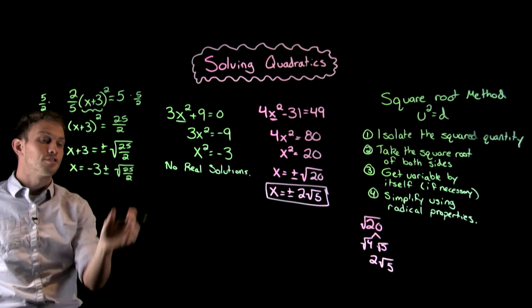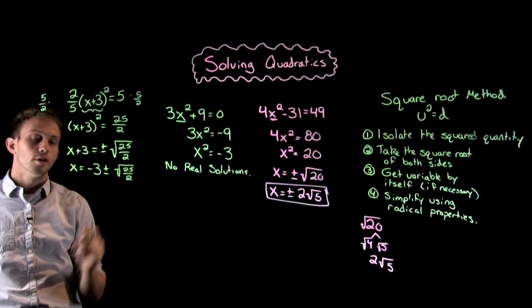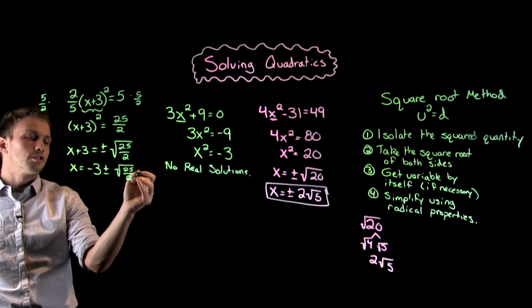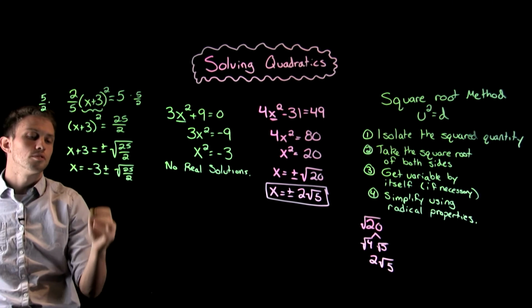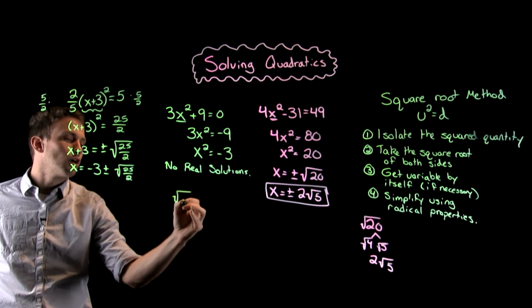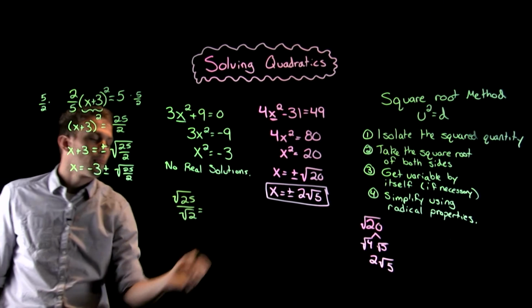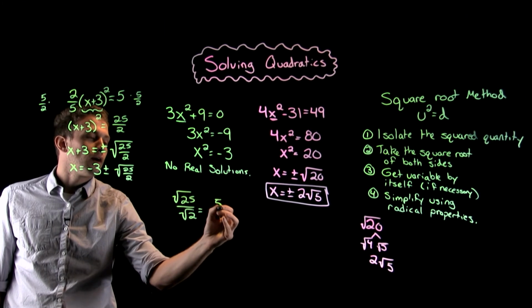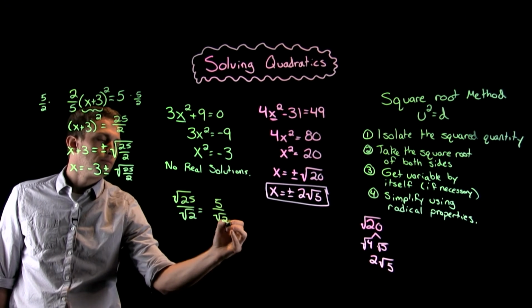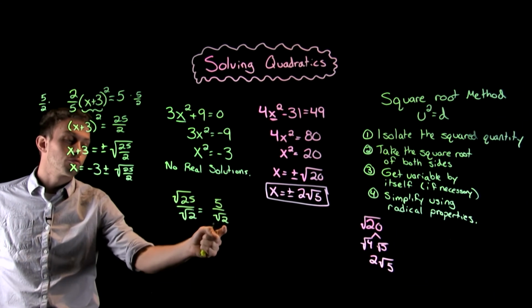Now the last step is to simplify this radical if we can. We're going to use a couple of properties here. The first thing we look at is this 25 and this 2. We can separate those two roots and get the square root of 25 over the square root of 2, and we can simplify this to 5 over the square root of 2. In math, we can't have this root in our denominator.